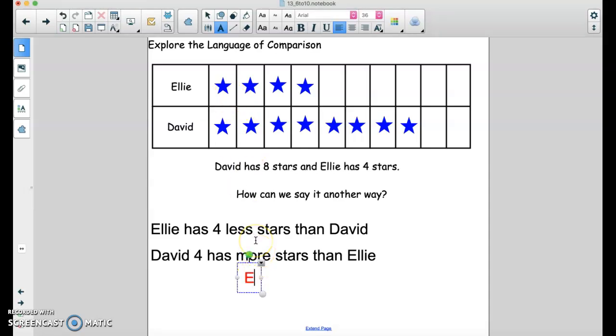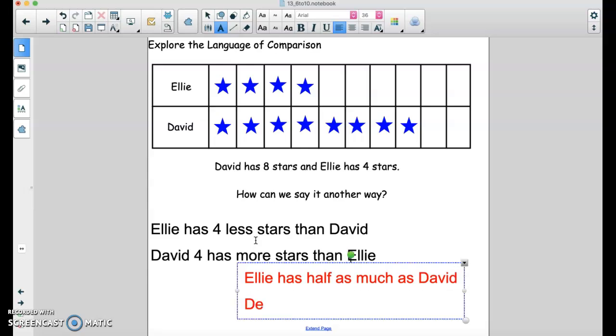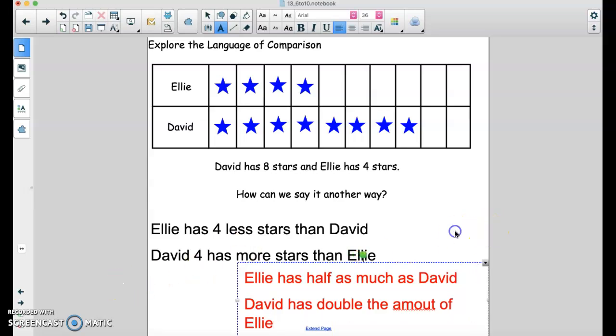So Ellie has half as much as David. And David has double the amount of Ellie. So these are all ways that we're comparing how many stars Ellie has compared to David. All of these answers are correct. These red answers are the ones that we're going to be talking about today.